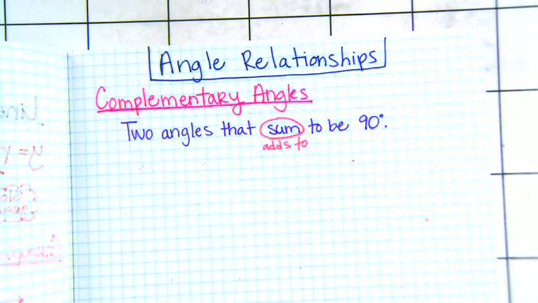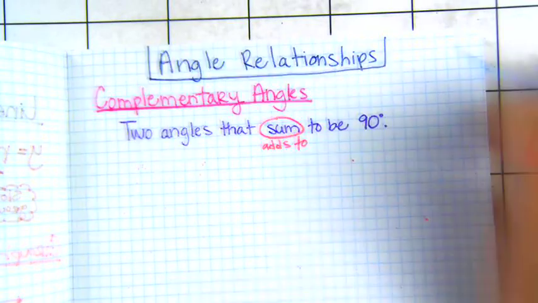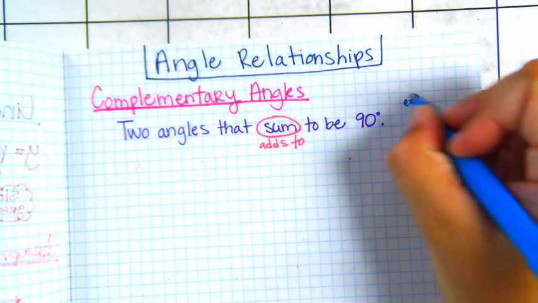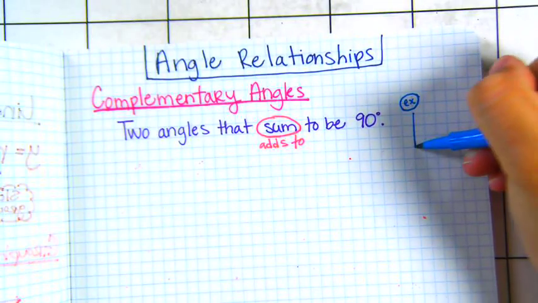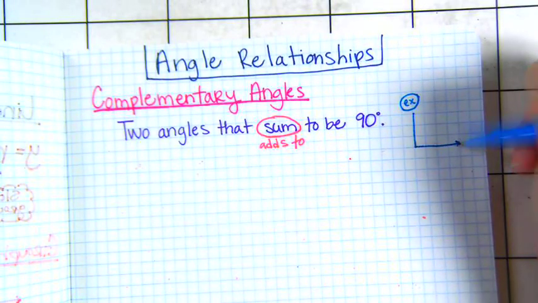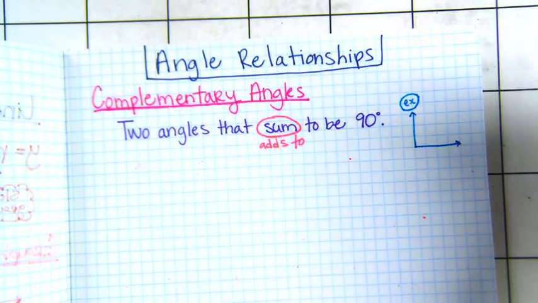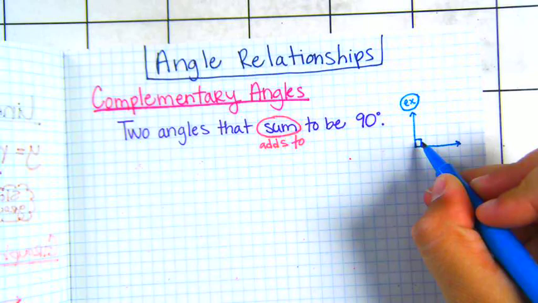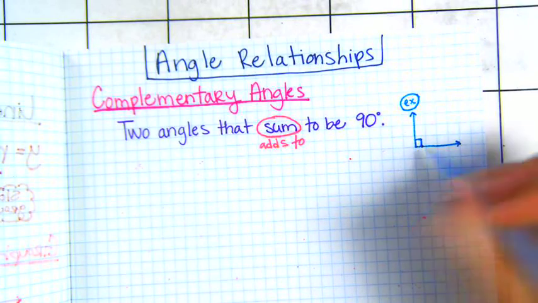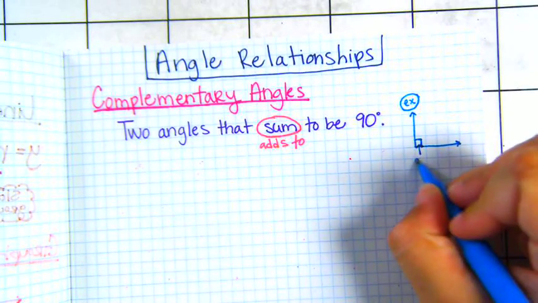So let's put a little example on the side. We have this angle that has the 90-degree little square in the middle. If you ever see that, you know it's going to be 90 degrees, and I'll make a little note of that.